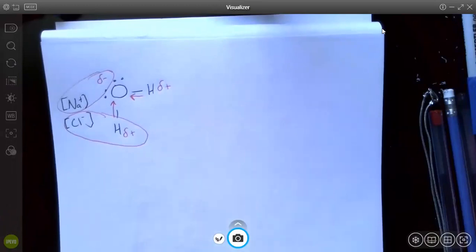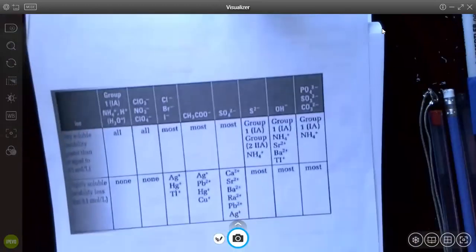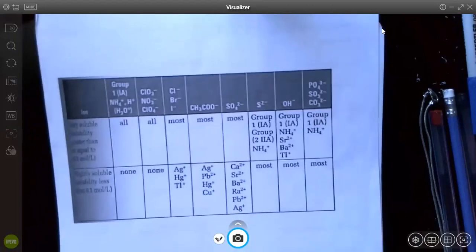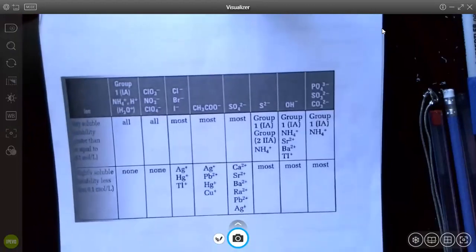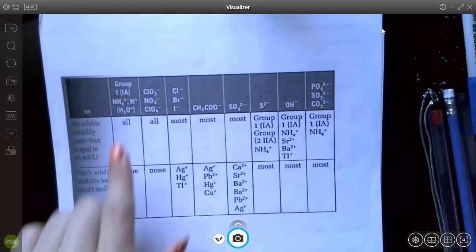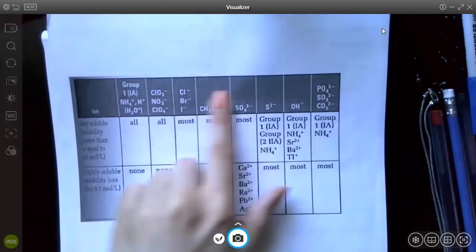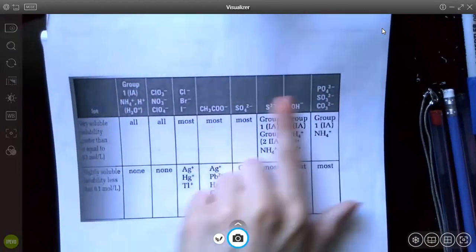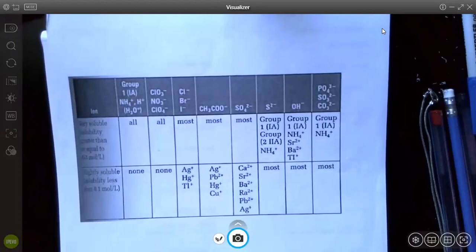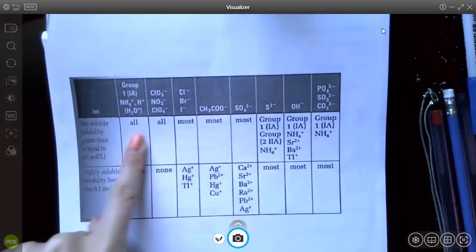Now, this is what your solubility table looks like. And the way that we would use this is we would first find the non-metal in the ionic compound across the top in this kind of darker column here. And then we find the metal in this bottom section.